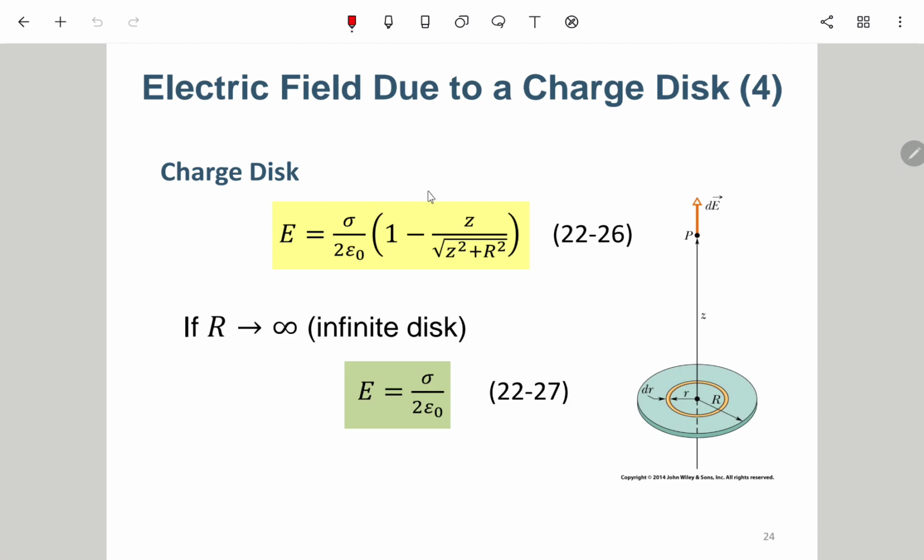Okay, so actually this is the expression for the E field generated by a charge disk on this z-axis. If it is not on the z-axis, the expression will be even much more complicated.